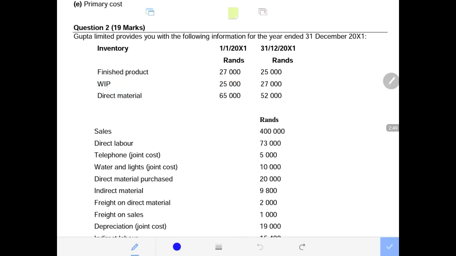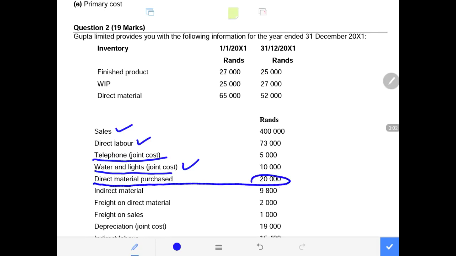And below we are given some random items: sales, direct material, telephone being a joint cost, water and lights being a joint cost, and direct material purchased, this is what was bought during the current accounting period.